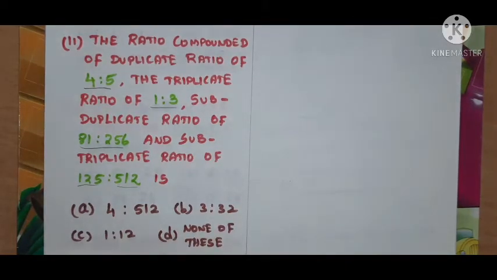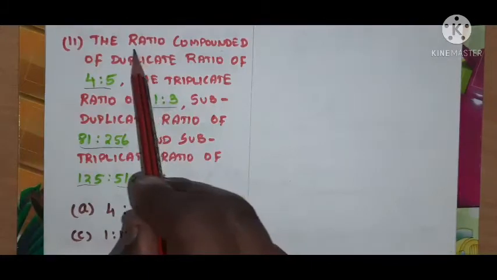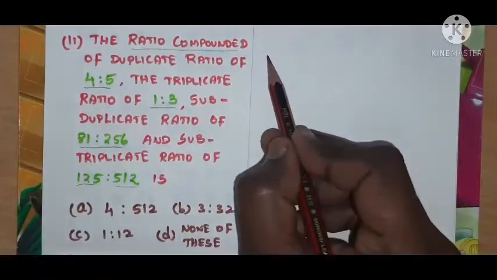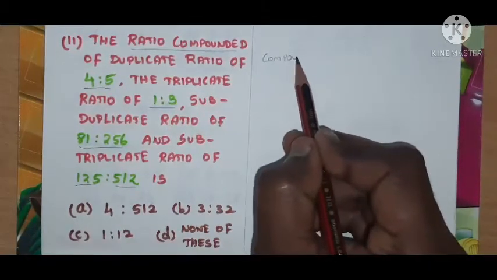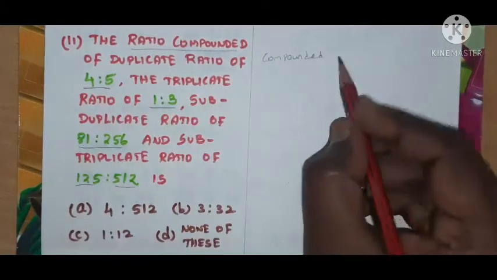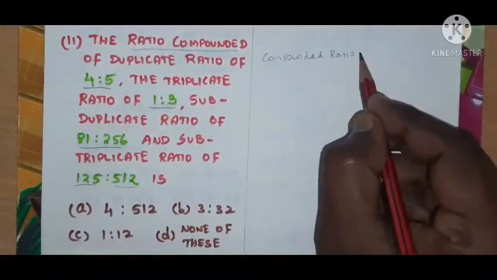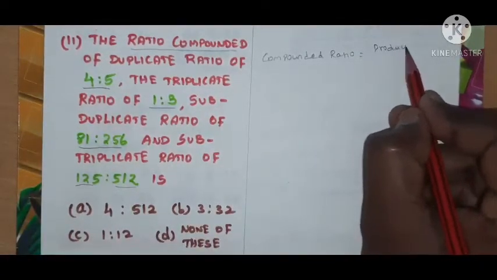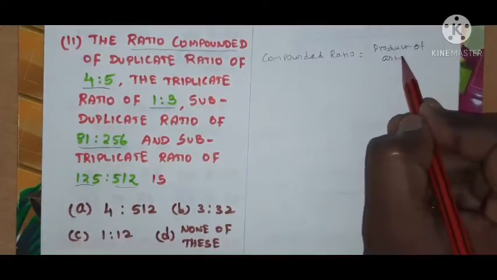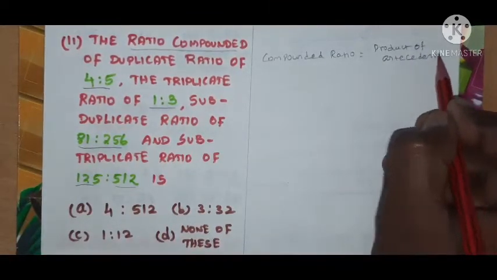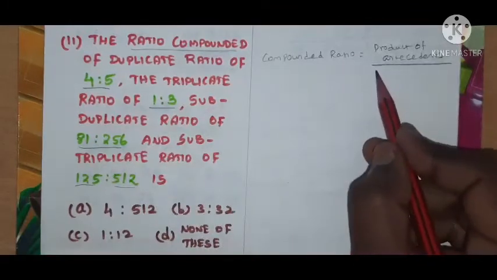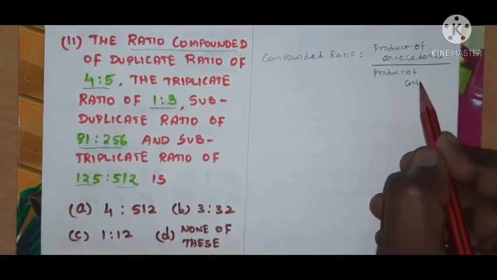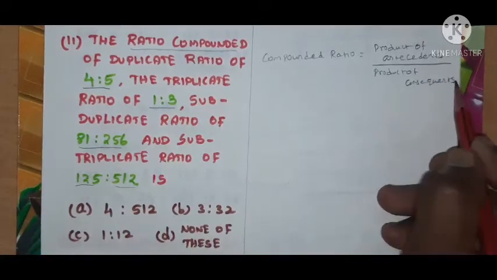Again they have asked us to find out the compounded ratio, right? Anyway, we know the formula that compounded ratio is equal to the product of antecedents divided by the product of consequents, right?